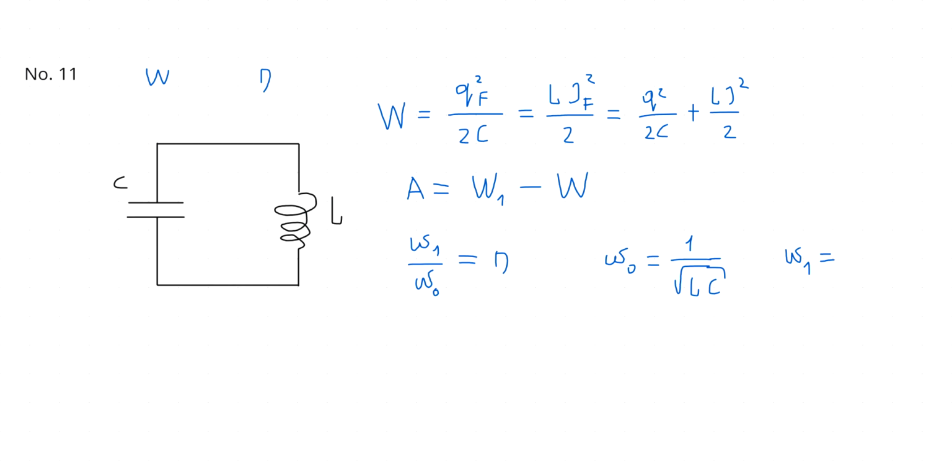Okay. When we do some manipulating with the capacitor, its capacitance changes. So we can say that it will be 1 divided by the square root of L C1.